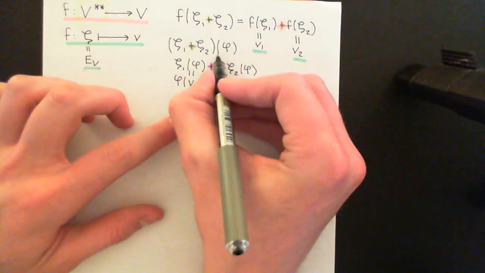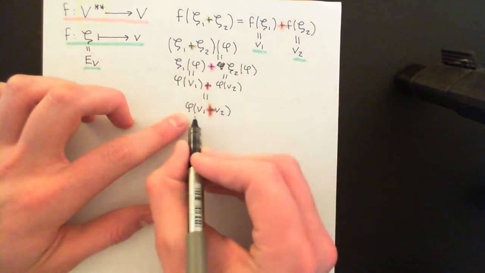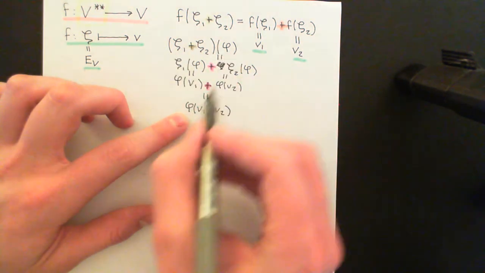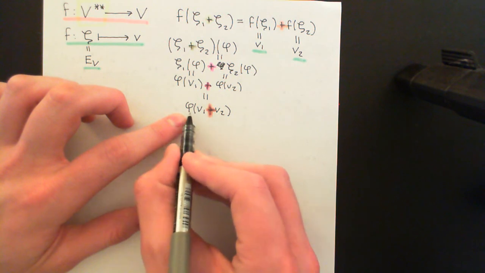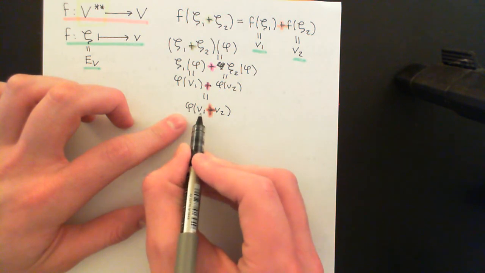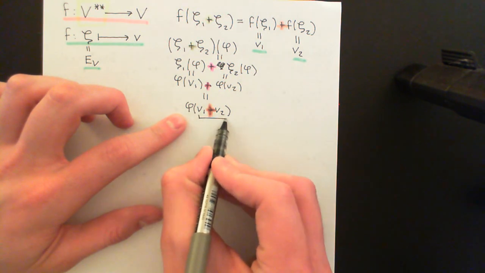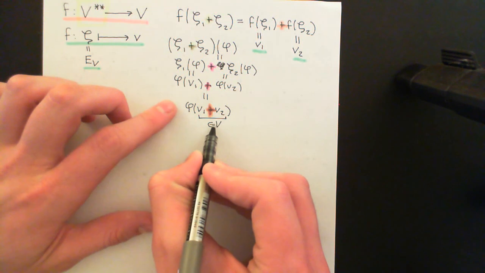So I've now gone from this thing initially right down to here. I've written this thing as an evaluation function where we're evaluating phi at this element of the initial vector space, which is v1 plus v2.